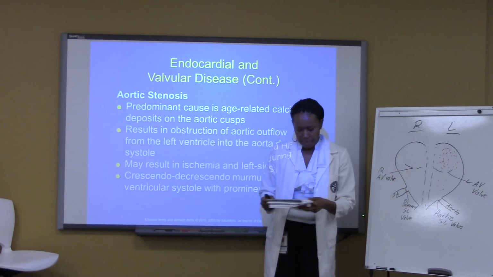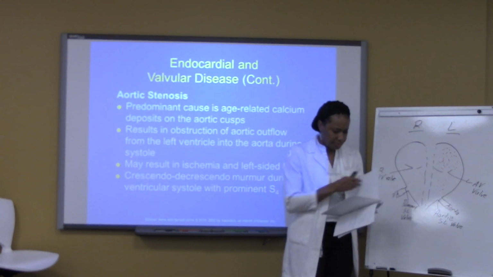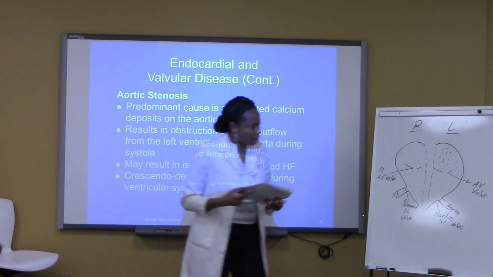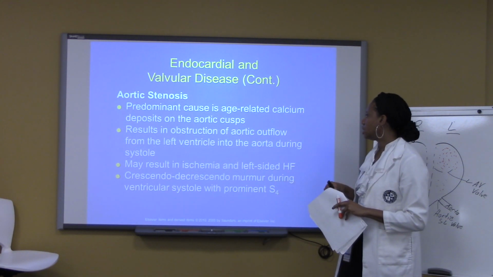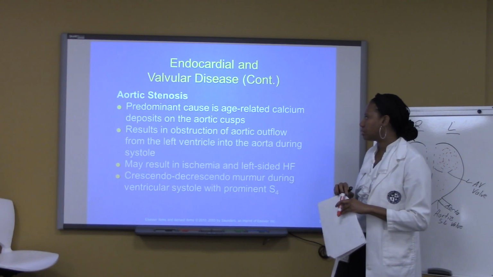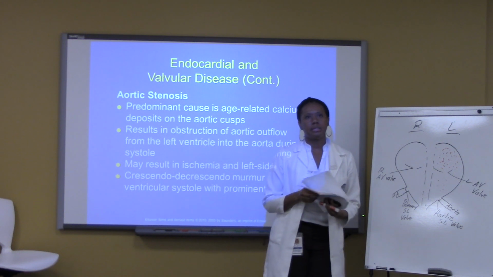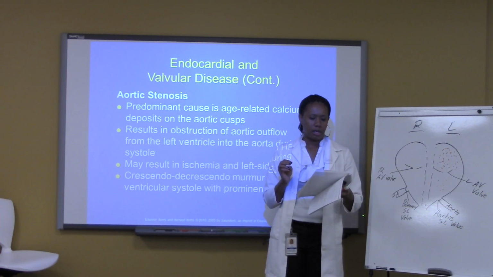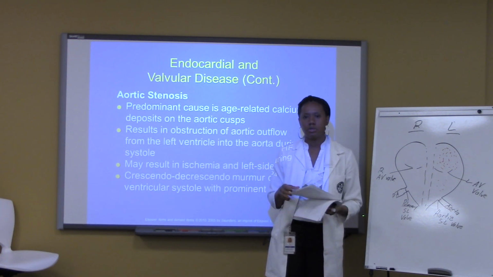Now, the next one here is aortic stenosis. With aortic stenosis, this is predominantly caused by age-related calcium deposits in the aortic cusp. So what does that mean? Elderly people may be more predisposed to this.